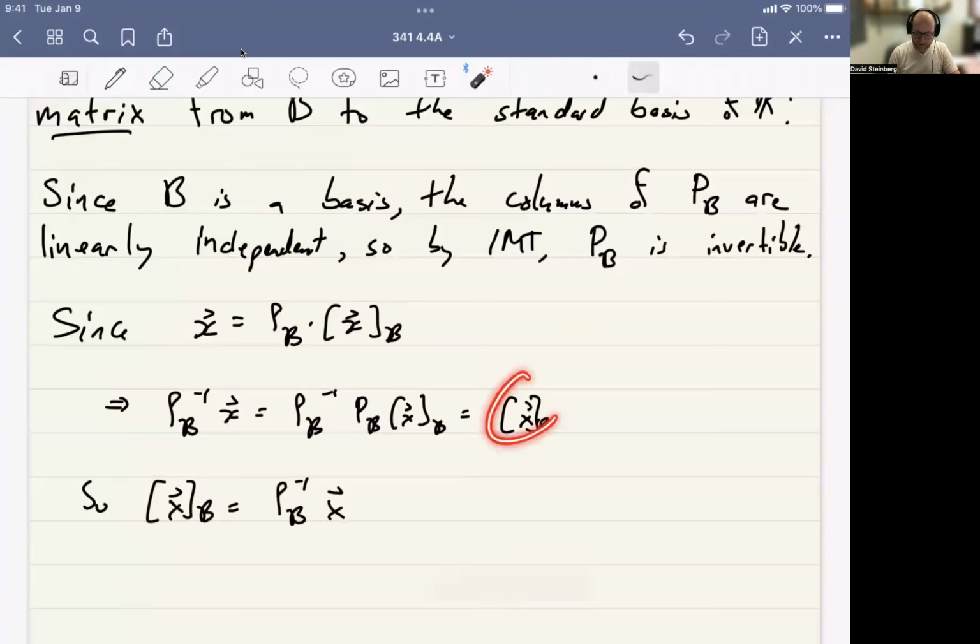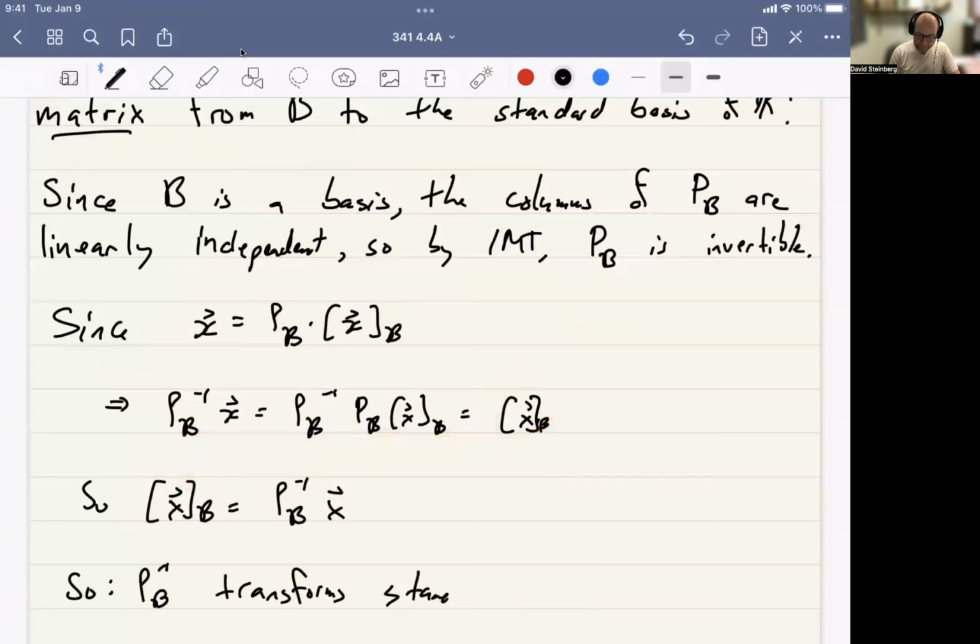We're just solving this way. So the conclusion is that P_B inverse, the inverse of our change of coordinates matrix, transforms standard coordinates into our B coordinates.